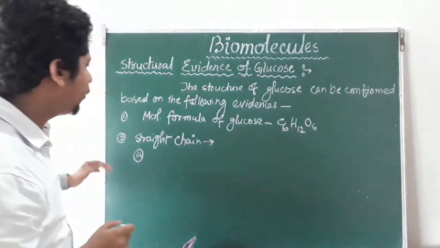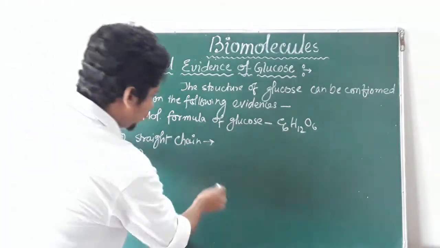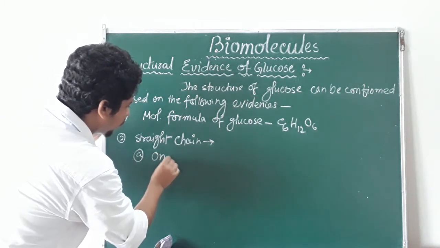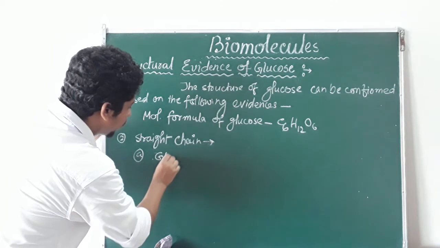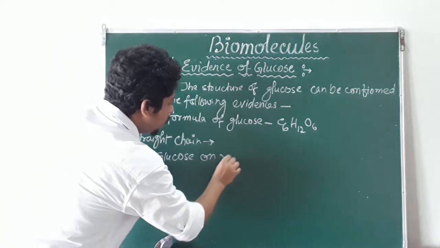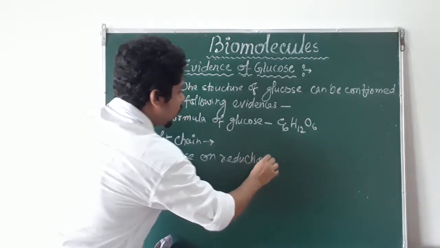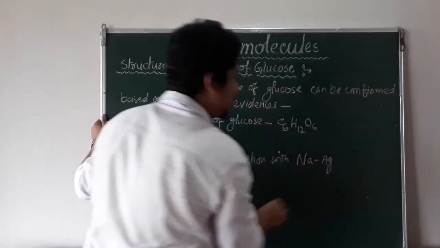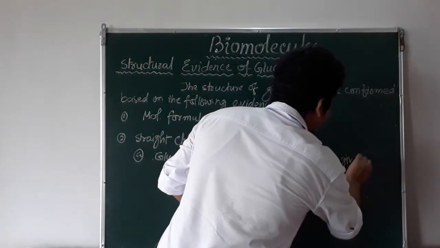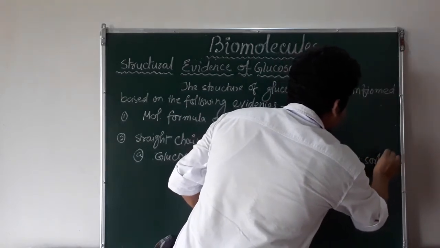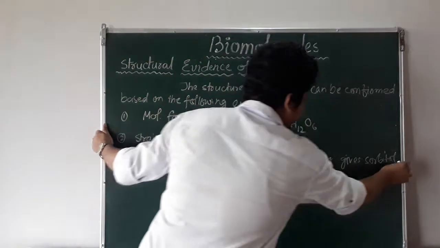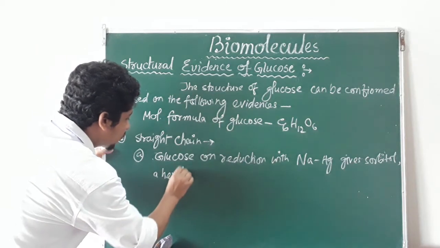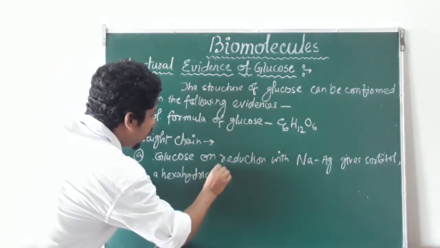I am writing the reaction here. You see, here we can write: glucose on reduction with NaHg, meaning sodium amalgam, gives sorbitol, and this sorbitol is a hexahydric alcohol.